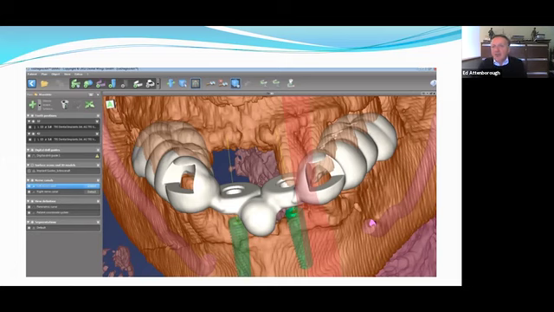And this is a kind of hybrid workflow which involves a clinical element of planning on a workstation and a restorative element of planning. And those two workstations don't actually have to be side by side these days.